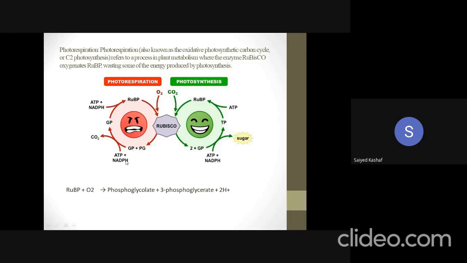To carry out this process, energy has to be given, which we have already produced in the light reaction, right? So in this conversion there will be an input of ATP and an input of NADPH, which is wasteful: it wastes the energy we have produced, and again this reaction becomes useless. But during that time, if rubisco binds with CO2, then we already know that it produces sugar, right? So this is a useful process.